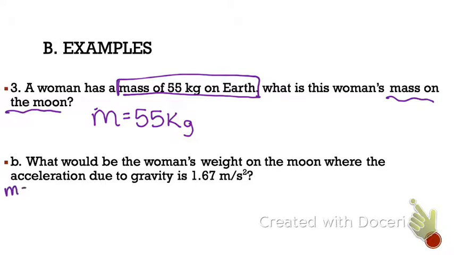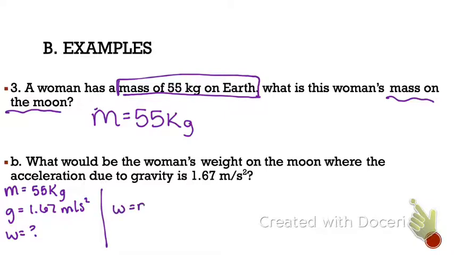So that means we need 55 kilograms for our mass. But g will be 1.67 meters per second squared versus that 9.8. We're still finding weight. So weight is m times g, and we can substitute in.